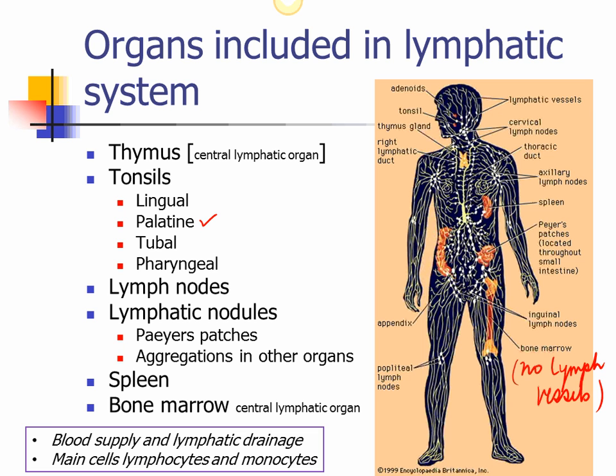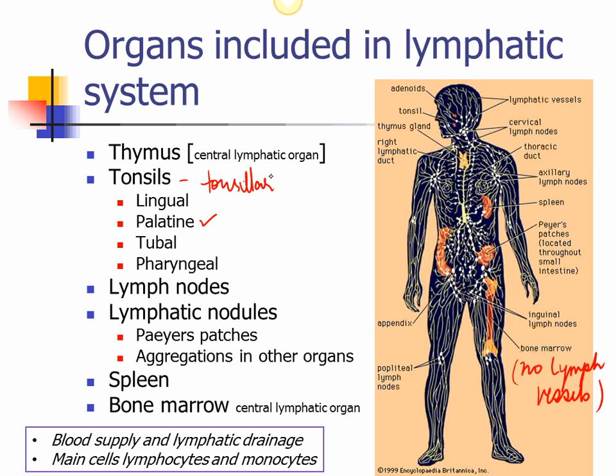And what you're feeling when you actually press along your neck, you're not really feeling the tonsil. What you're feeling is a lymph node that the tonsil drains into. So if that palatine tonsil is inflamed, that lymph node will be swollen, and that's what the doctor is really feeling.